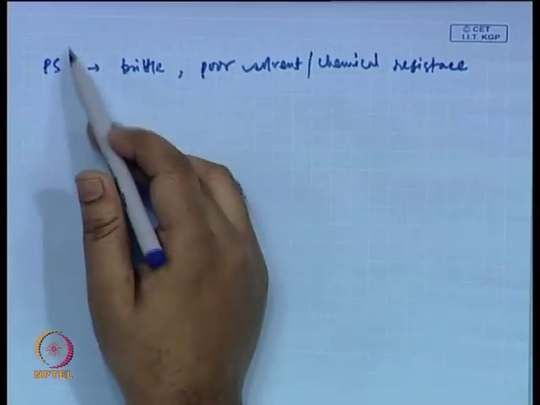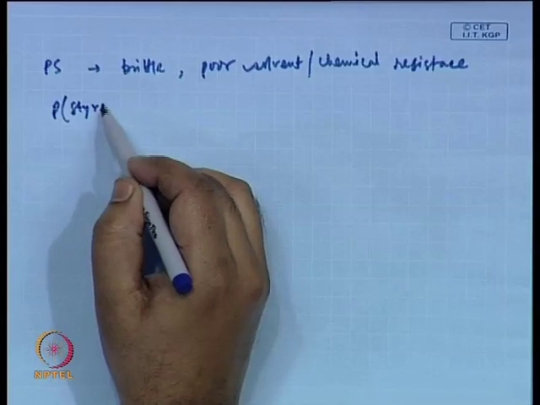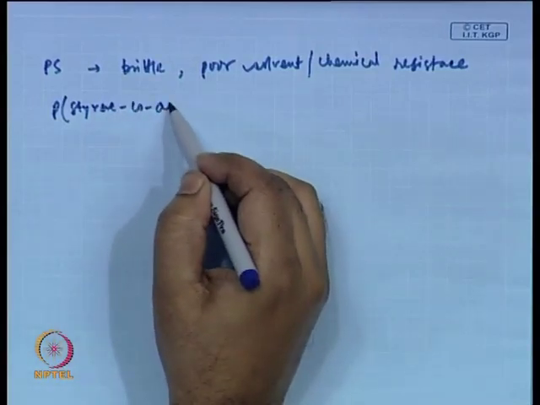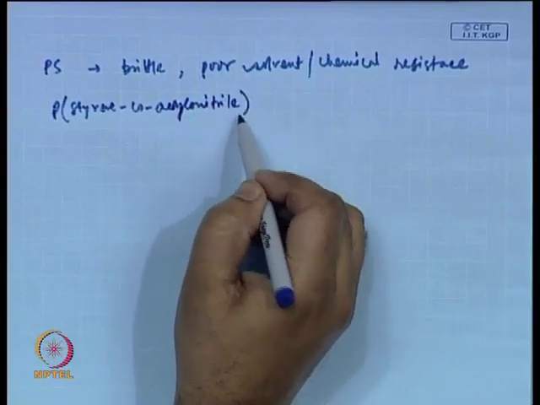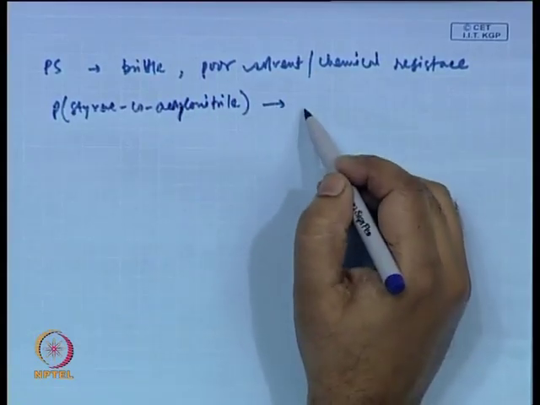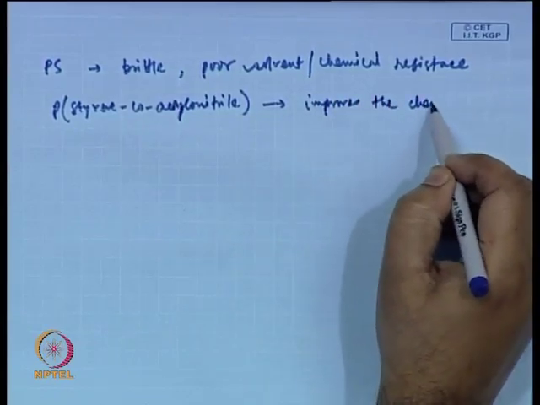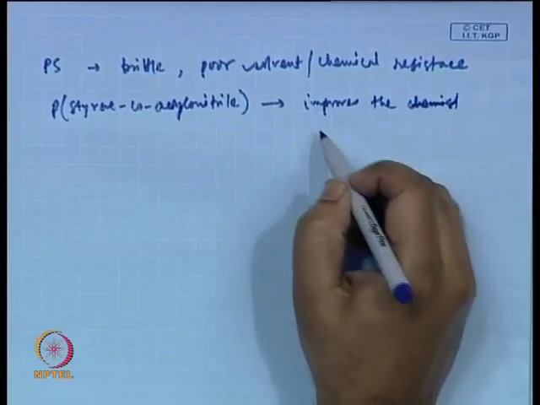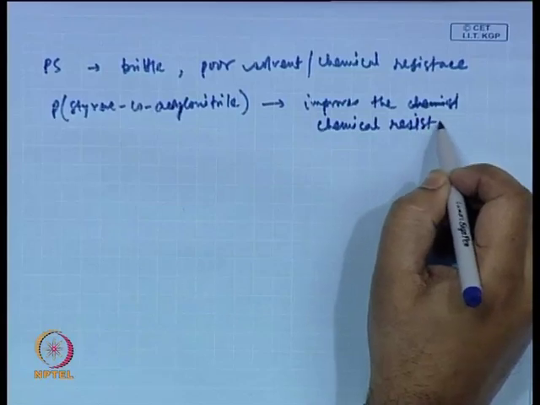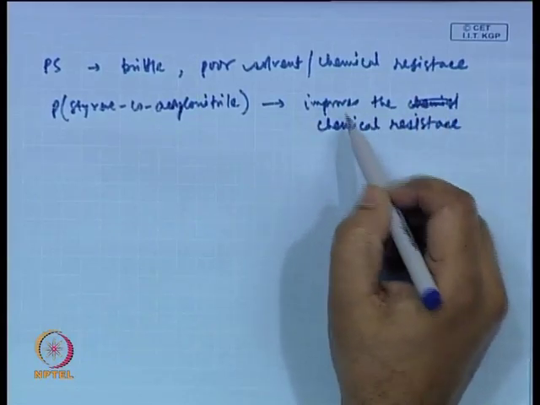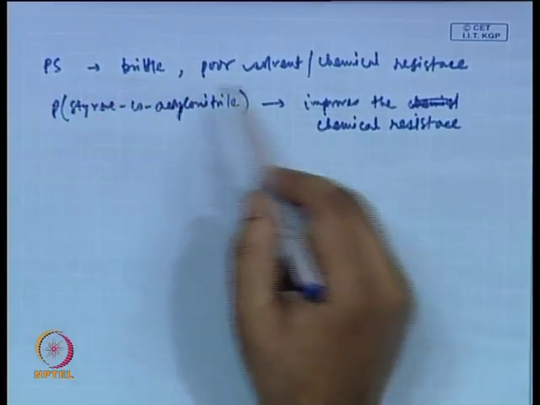So, to improve this property of polystyrene, you can make a copolymer of polystyrene and acrylonitrile, and this improves the chemical resistance property over styrene homopolymer. Now, this does not improve the brittleness or the impact properties of polystyrene too much.